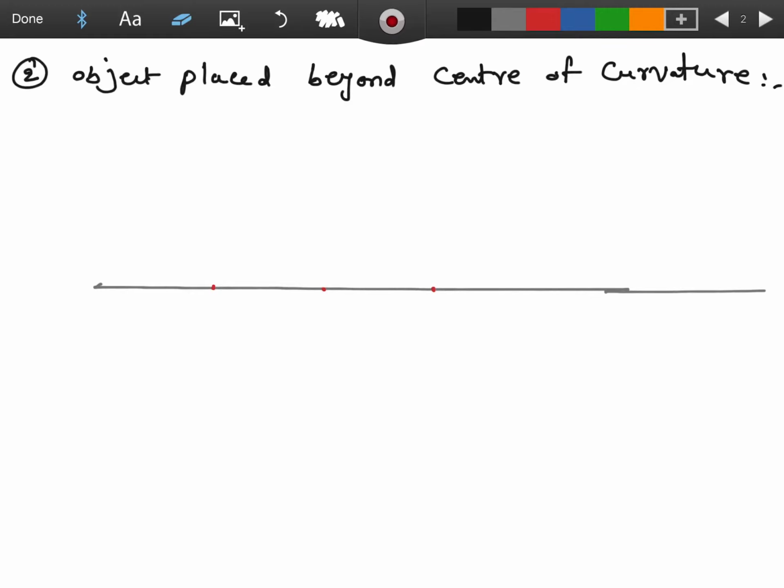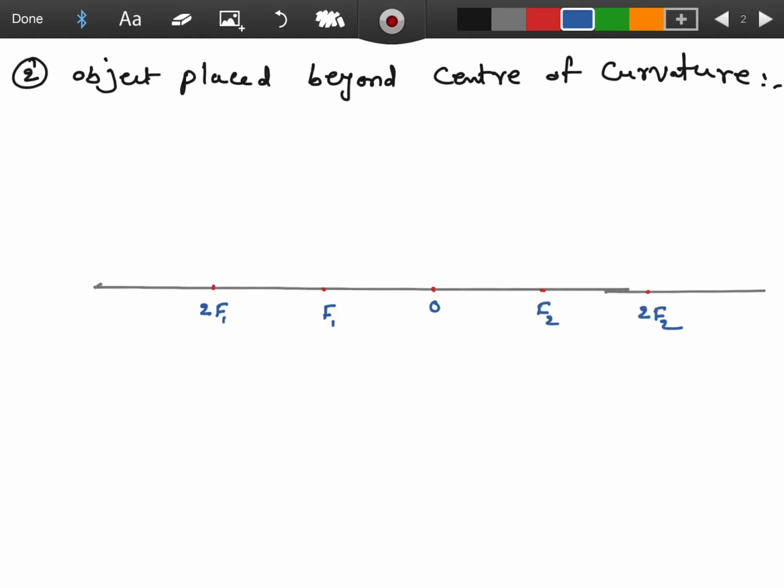If you take 3 centimeter, you will get good ray diagrams. Let me represent: this is optic center, this is f1, this one will be 2f1, this will be f2, this is 2f2 or c2.